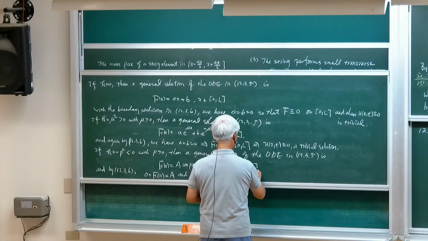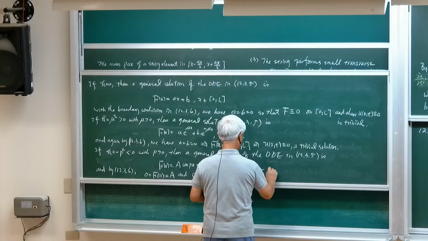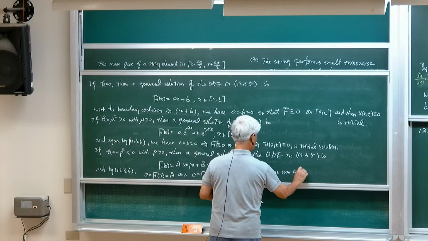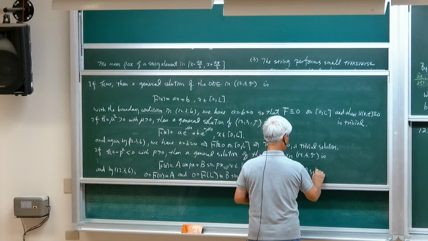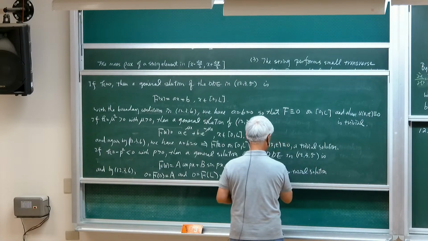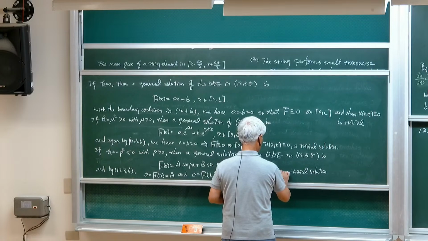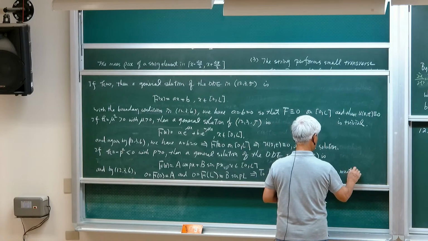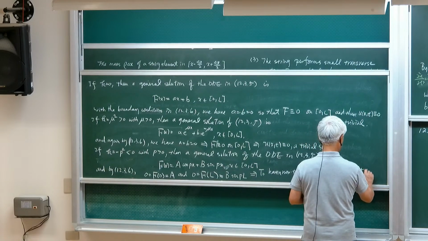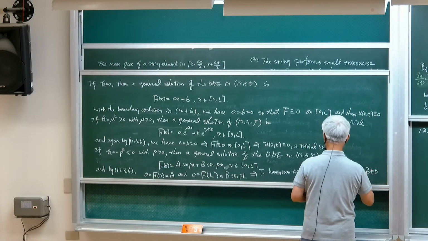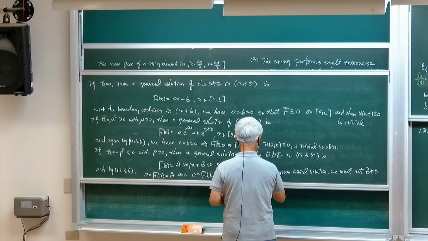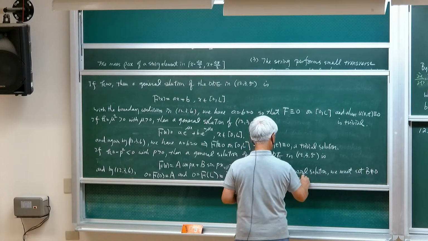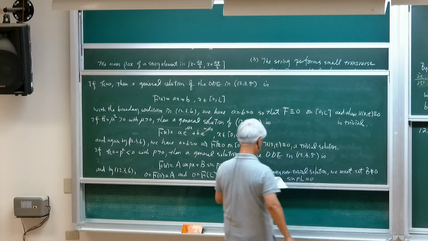So to have a non-trivial solution, we must set b not equal to 0, and then sine pL must be 0.